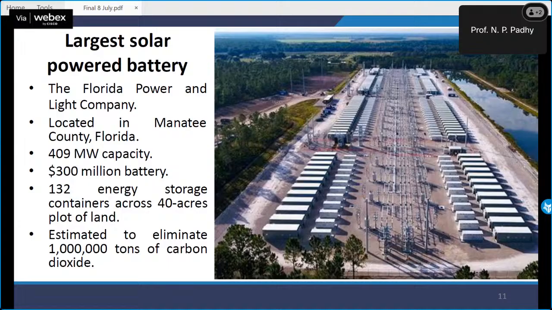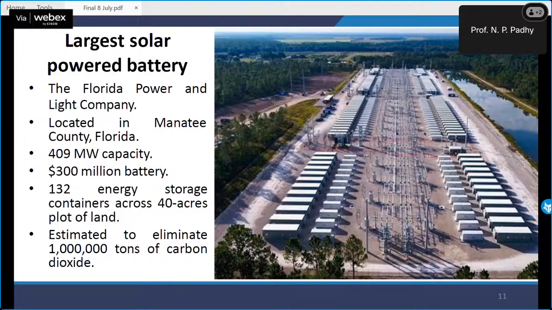Largest solar powered battery. So this is one of the world's biggest battery storage schemes. What they do basically is almost 132 huge, truck-size batteries, containers basically, export container size, close to a truck size.